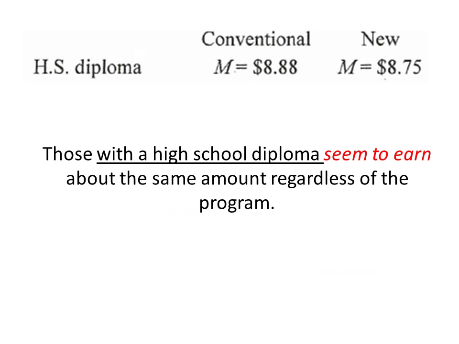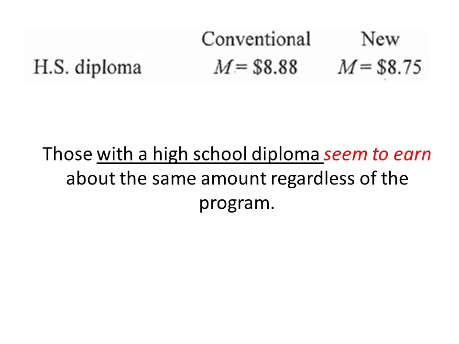Okay. Now, here again, let's look at this. Those with a high school diploma seem to earn about the same amount regardless of the program. Now, this is a third interesting finding.